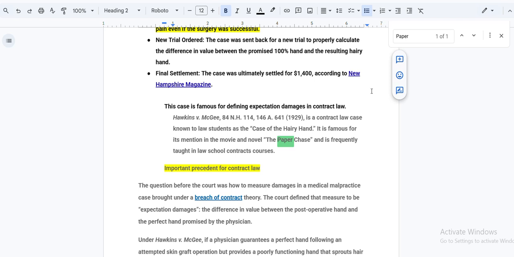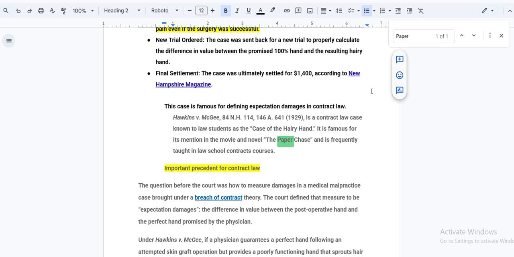He put his hand on an outlet. You can see it was in 1929, so there's probably a lot of faulty wiring happening, and he burned the palm of his hand. Well, a doctor said he could guarantee 100% that he could restore this hand.